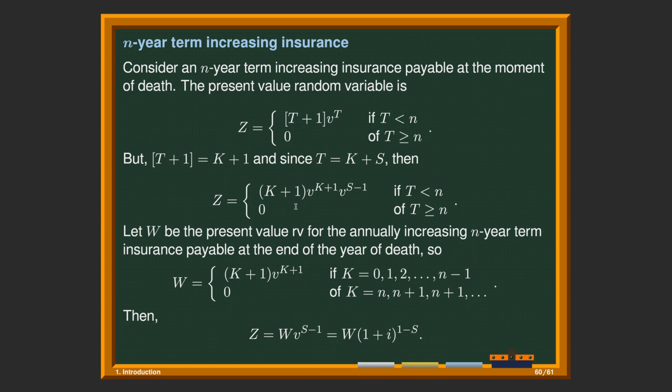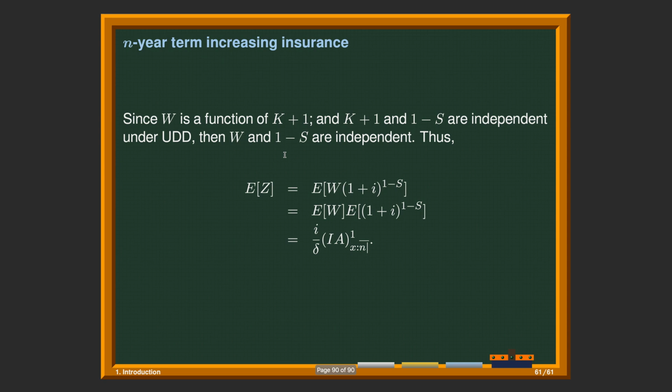Sorry, I forgot to put it. This is actually the one that has the bar on top of A. This being our Z, the expectation of this is the net single premium for an n-year increasing term insurance payable at the moment of death.